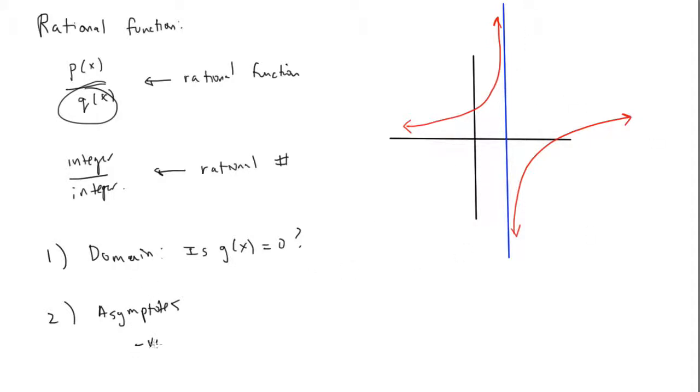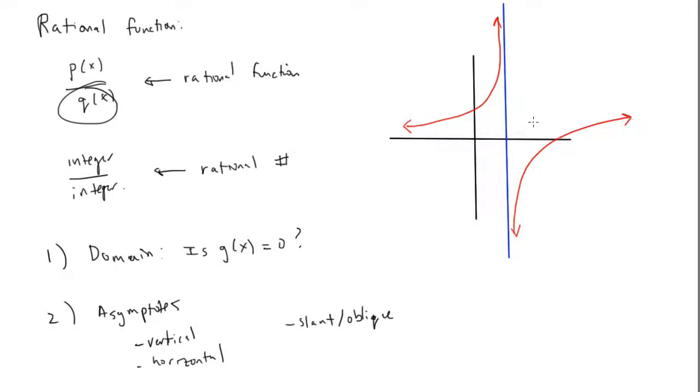You can have vertical, as in the example we drew here. There's also horizontal. And then the last kind, which is a little unusual, are called either slant or oblique asymptotes. Those are a little complicated, so we'll talk about them in class, but the vertical and the horizontal ones are relatively straightforward.